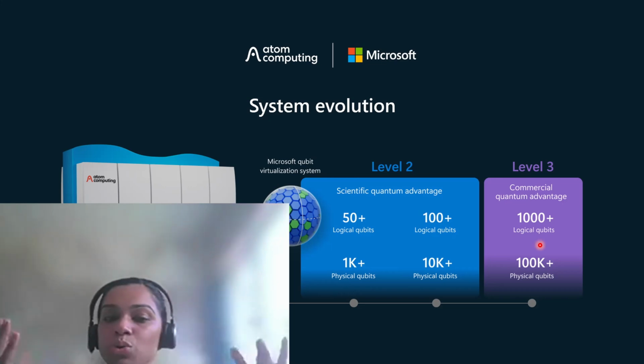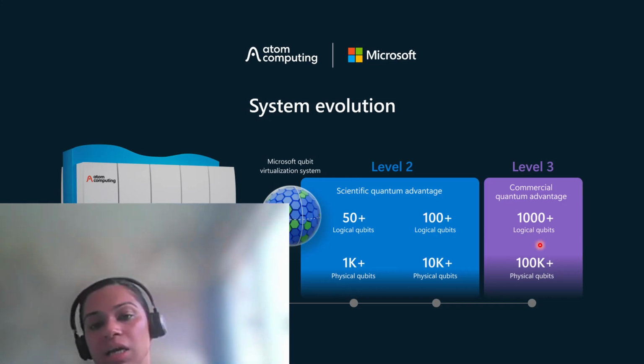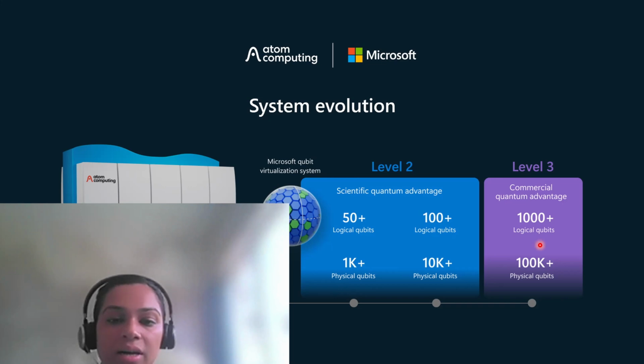Now, there are only two ways of achieving this. One is to build error correction techniques such that they need less and less physical qubits, or intrinsically have a qubit that is error resistant, right? Or both together.